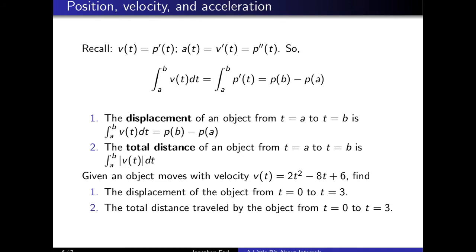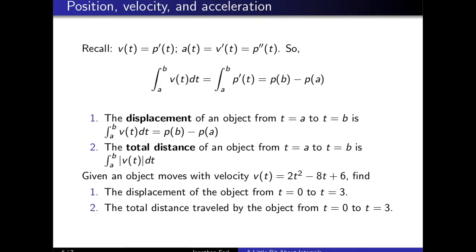Okay, so if we're given a velocity function, we could find the net displacement, so the difference in the starting point and ending point, by integrating v from a to b. So that'll give you the difference between where you finish and where you started.